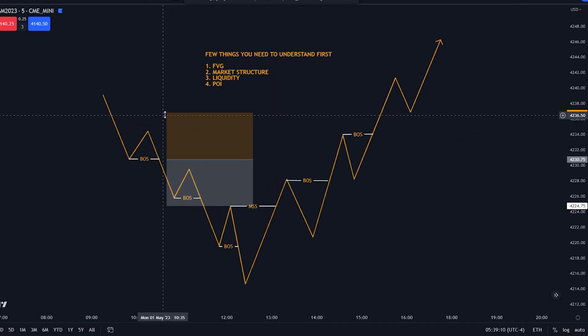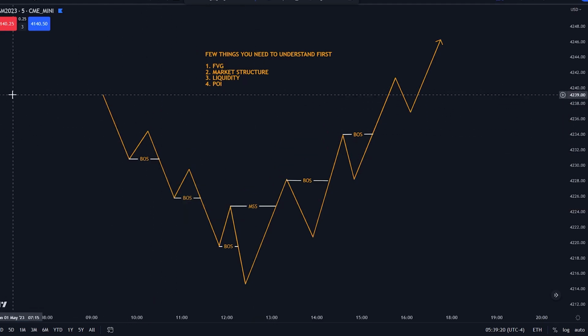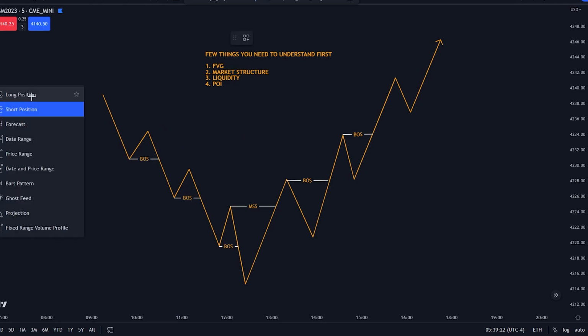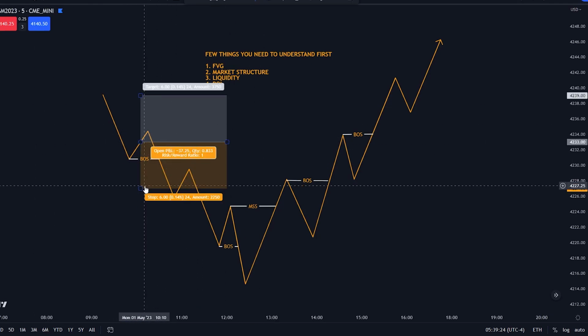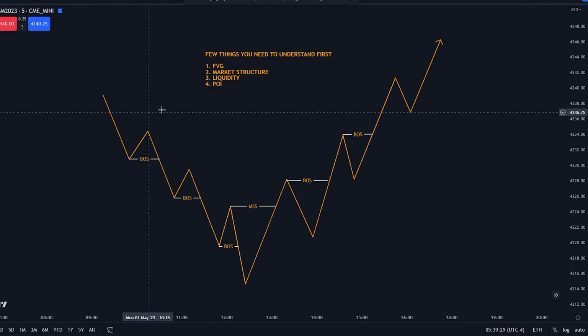Right above this high, right here. Or some people would put it above this high. So that's the liquidity right here. And if you were long from this position, you would put your stop loss here, right? So that's where our liquidity is. And the market is going from liquidity to liquidity. So liquidity taken, liquidity taken, liquidity taken, and then we have this liquidity above. So the market is going back above for this liquidity.